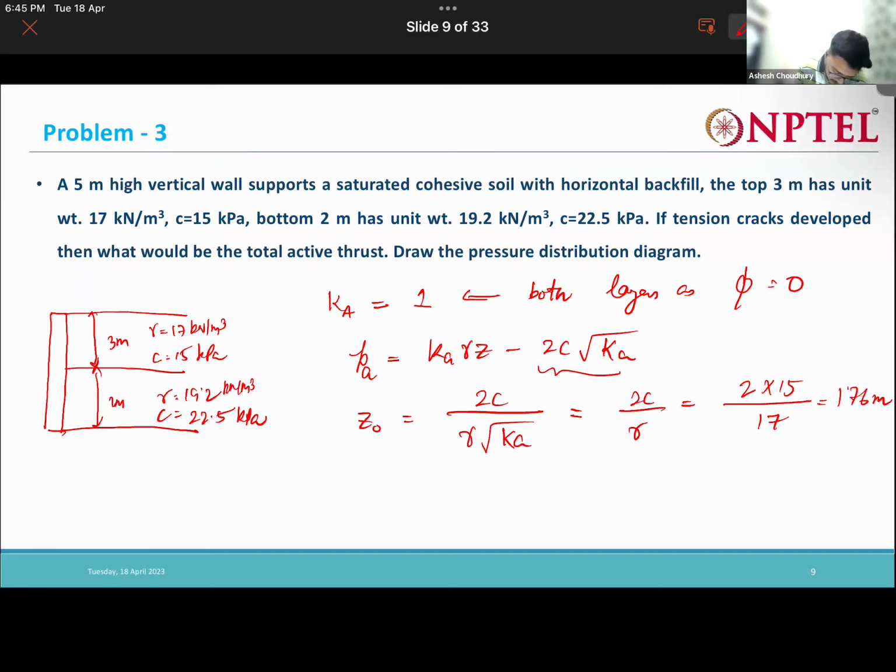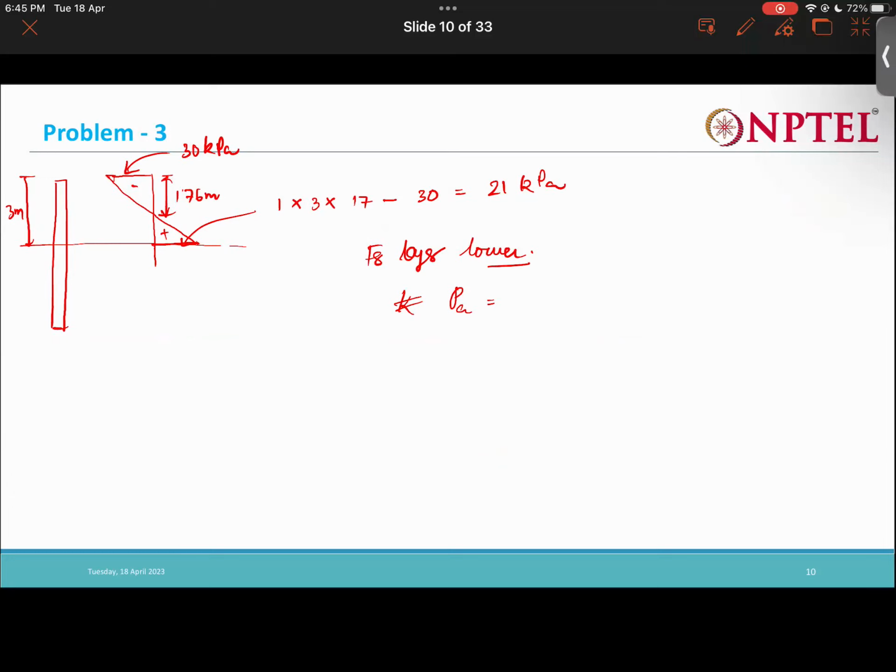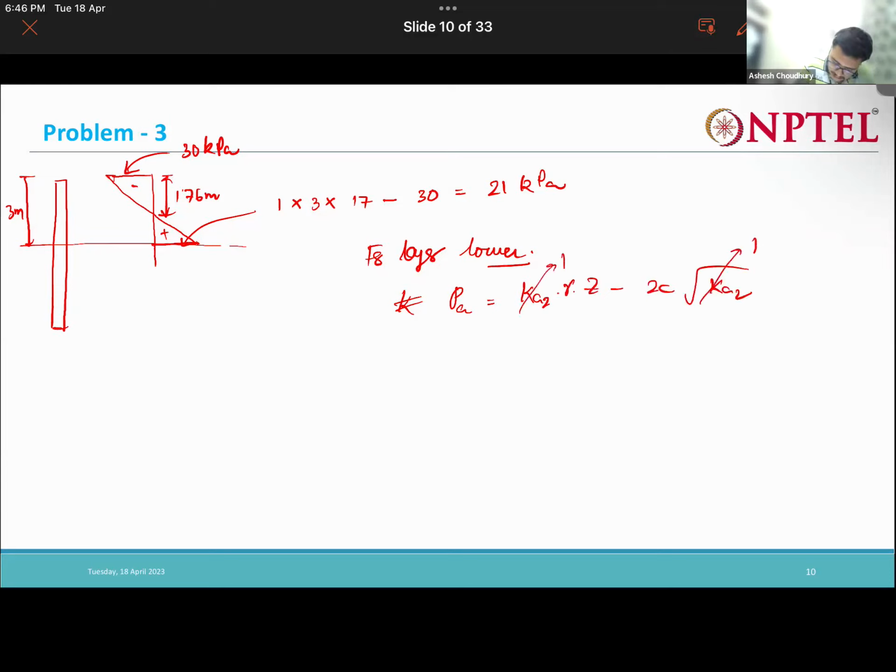At this point, my K values are actually the same. So for the lower layer, PA is the same: K2 into gamma into Z minus 2C root over K2. This is 1, this is 1.